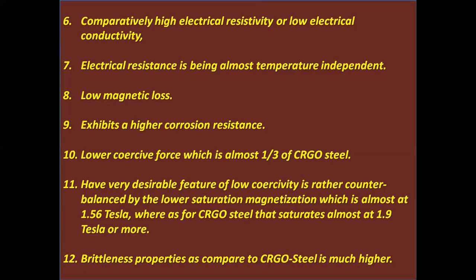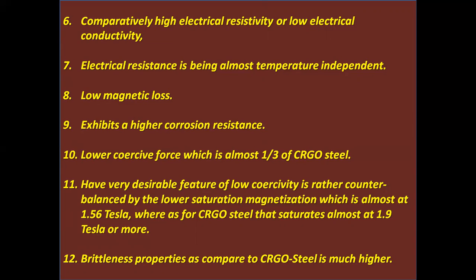Number 8, low magnetic loss. Number 9, exhibits a higher corrosion resistance. Number 10, lower coercive force, which is almost 1/3 of CRGO steel, that is cold rolled grain oriented steel.